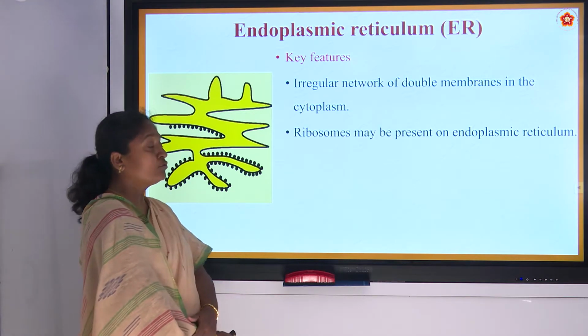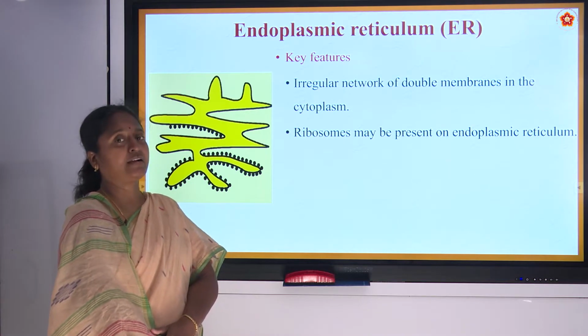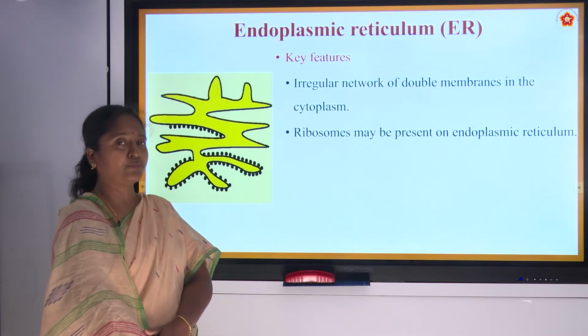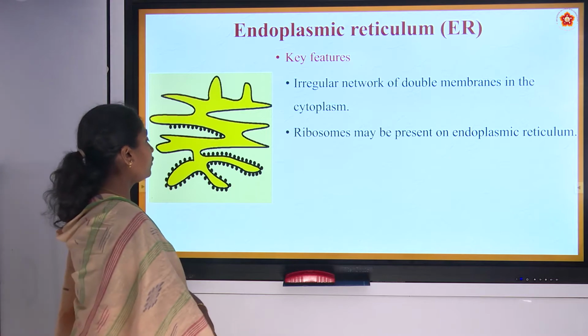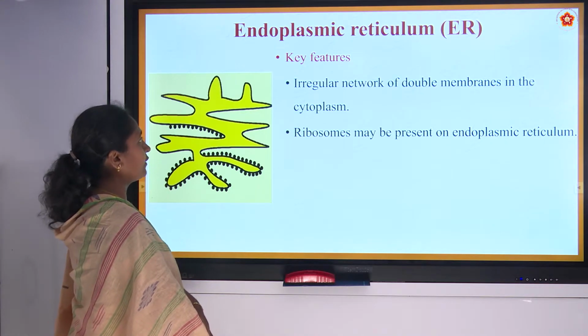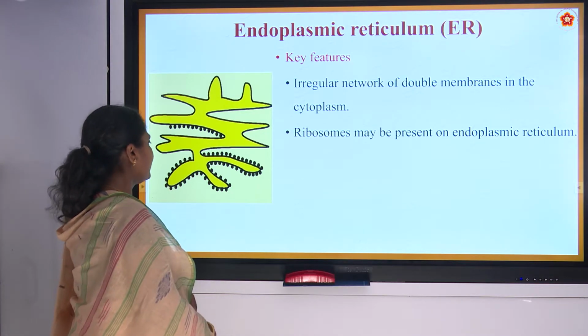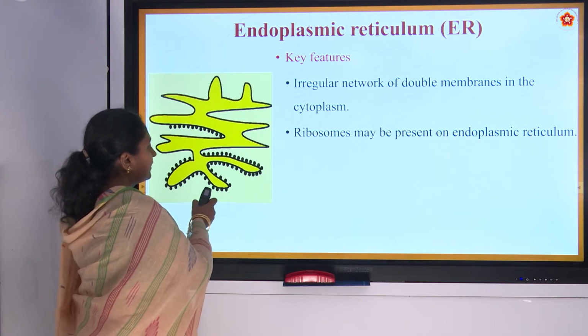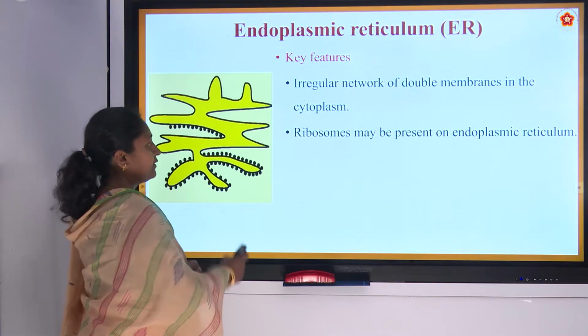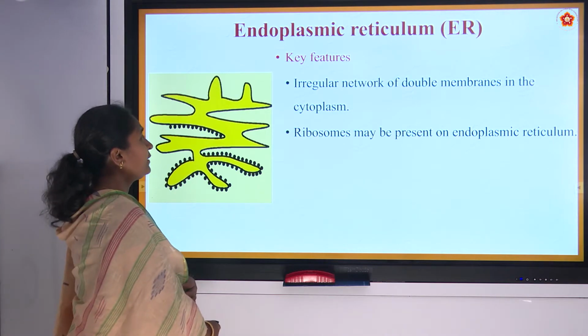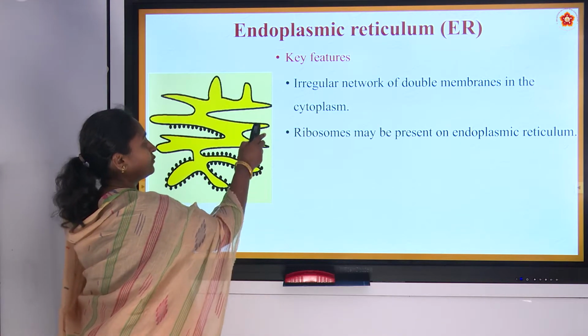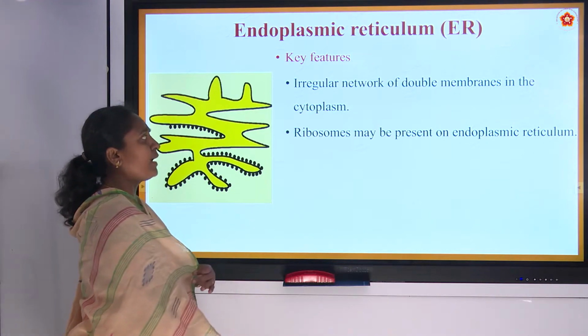Sometimes we can see ribosomes attached to it. We will see what a ribosome is in the next slide, but ribosomes are usually found attached to the endoplasmic reticulum. That is why you can see some dots on the surface. Sometimes it is smooth, sometimes it has ribosomes attached.